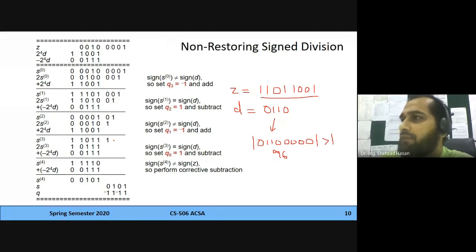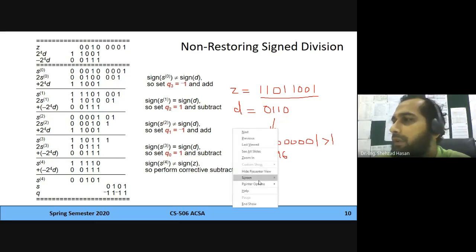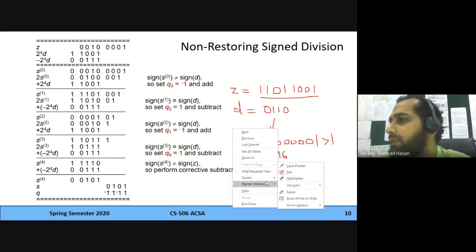So it's better if you also compute the negative of that. So this number is in 5 bits.